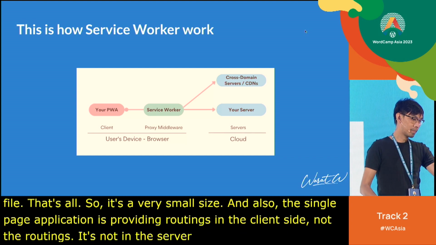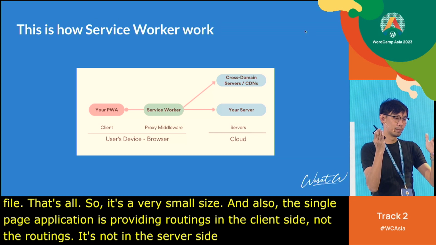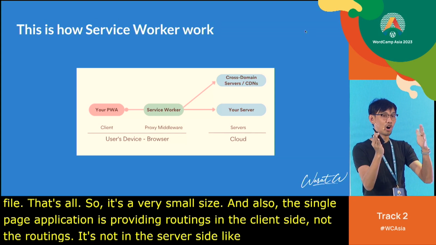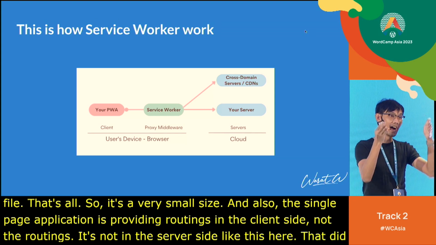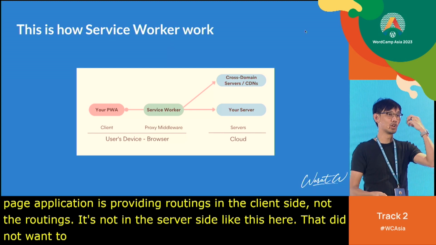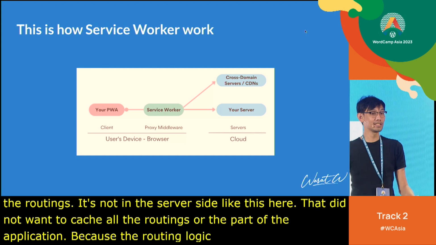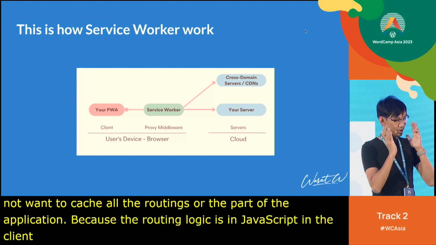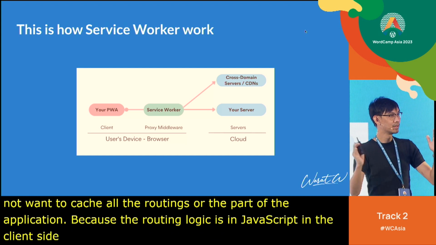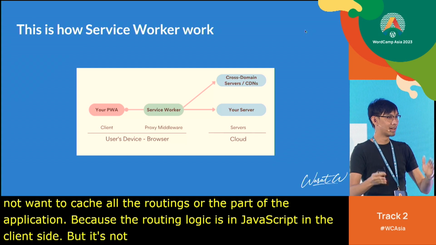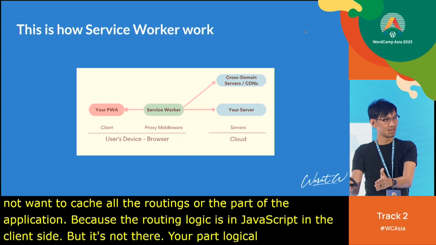So they don't need to cache all the routes or parts of the application, because the routing logic is in JavaScript on the client side. WordPress is not like that, right? Your path logic, like slug and so on, comes from your server.